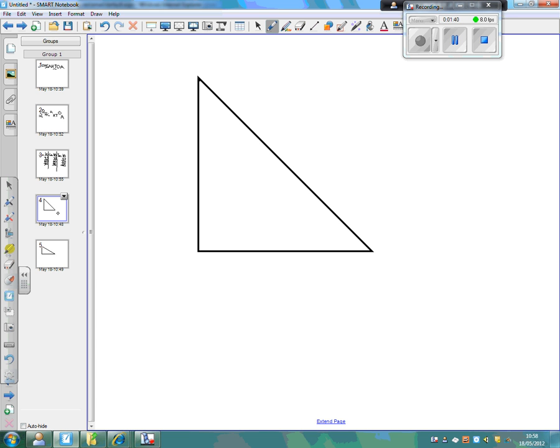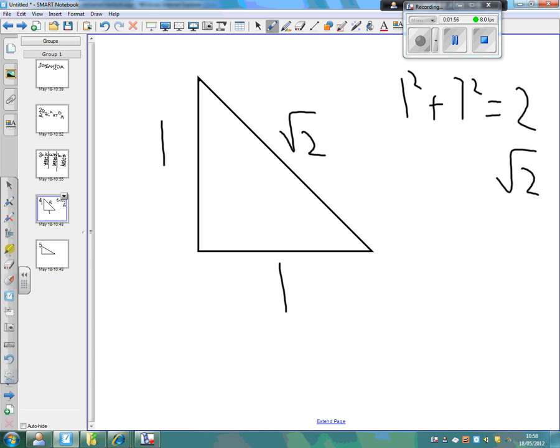So the two sides are both 1, and then obviously that means the hypotenuse would be 1 squared plus 1 squared, which equals 2, and then square root 2 is the size of the hypotenuse here. So that's simple Pythagoras again. So that's our basic triangle here.